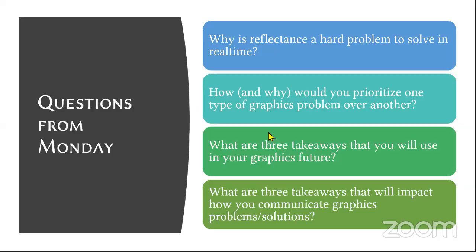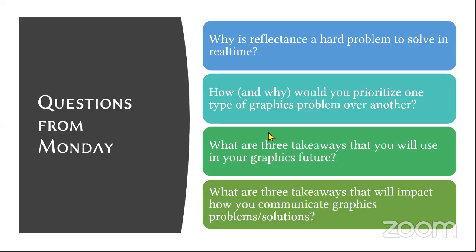But reflectance is a hard problem to solve in real time because of the multiplicity of all the light paths you have to consider. It's easy to pick a few, like, I put a light in the room. Okay, that's fine. Are you also considering the lights outside the room? Are you considering the amount of scattering you get as light reflects off different surfaces before it gets to your eye?